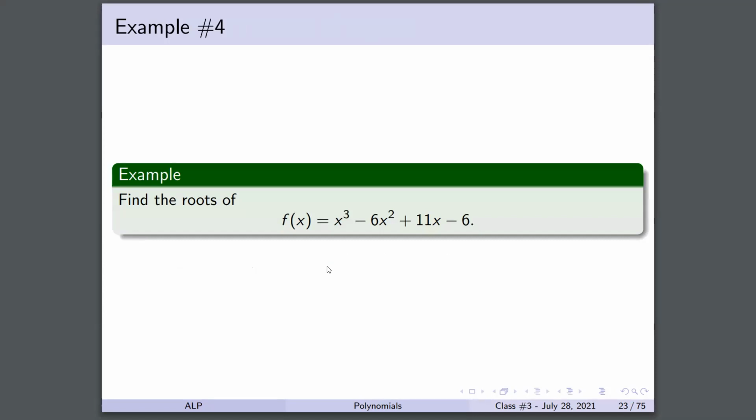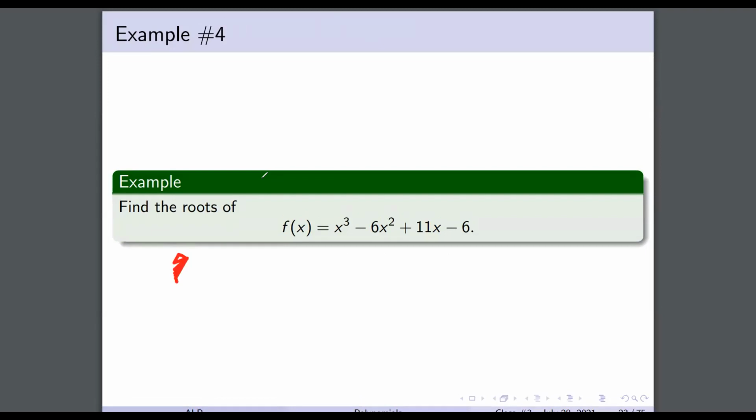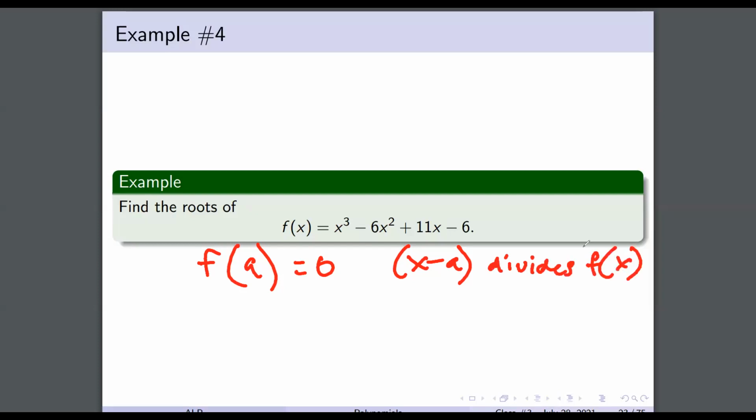So one thing we can use here, something that we've already known, is that if f of a, let's just say a is our root, equals 0, then x minus a divides f of x.